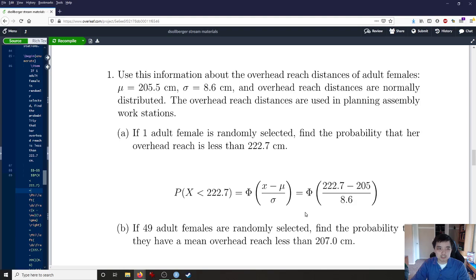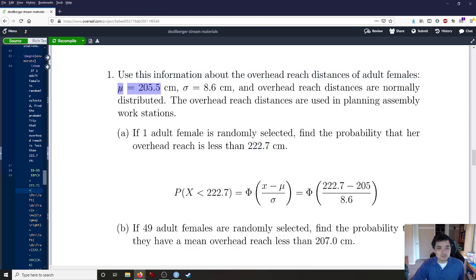That is, mathematically speaking, kind of skipping the notion of an integral, we want to plug numbers into what's called the cumulative distribution function. For the normal distribution, the cumulative distribution function is labeled capital phi. But moreover, notice how I'm plugging in the numbers. We are concerned about this location, 222.7.